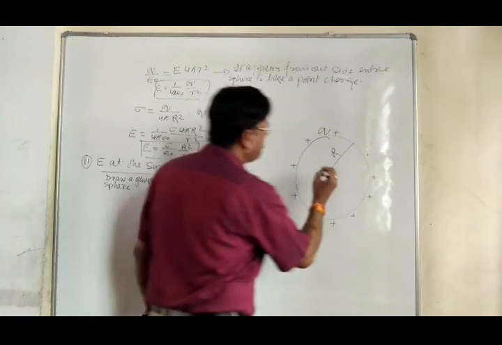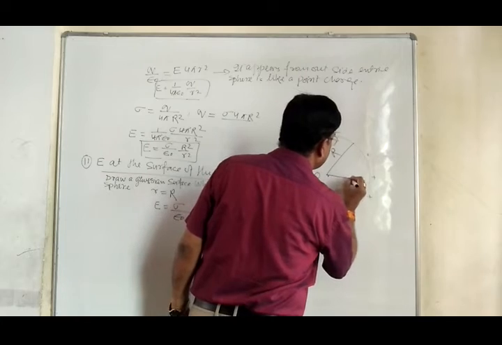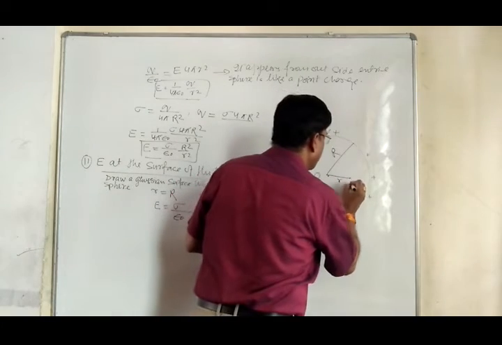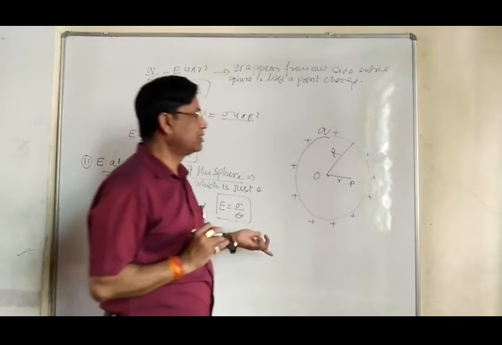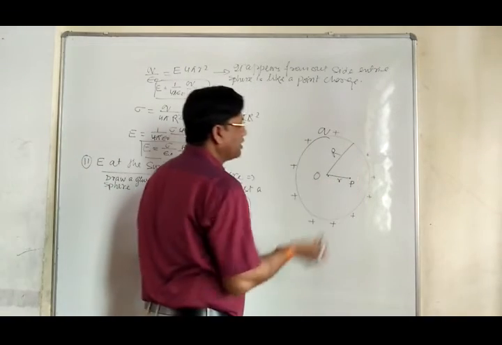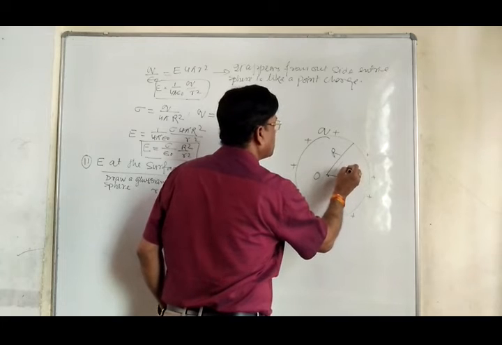And P is a point with the radius small r, where we have to find the electric field E at this point due to this. Then we will draw a Gaussian surface.